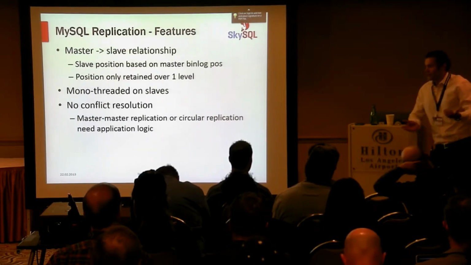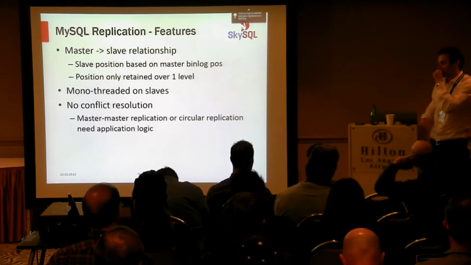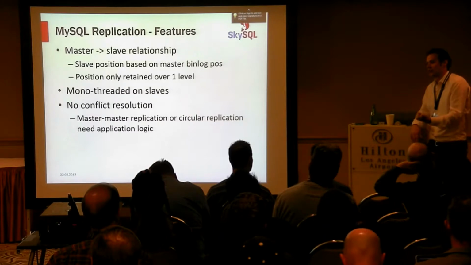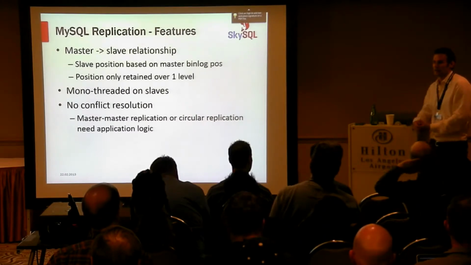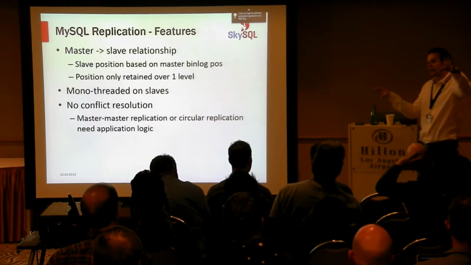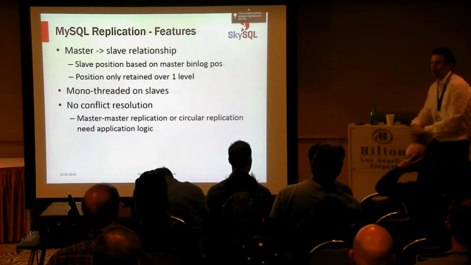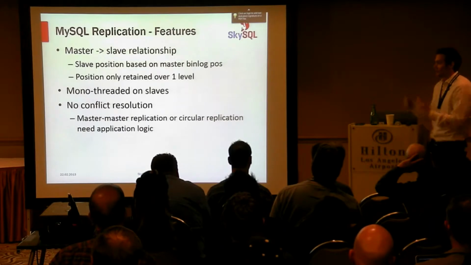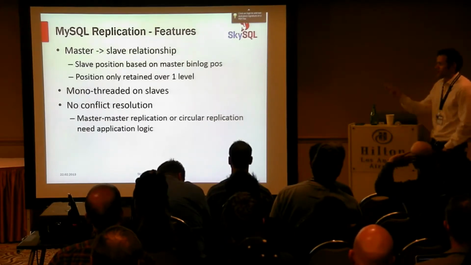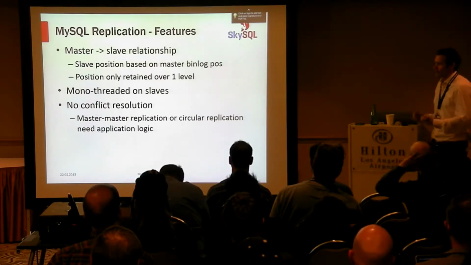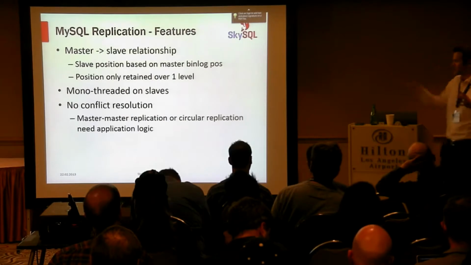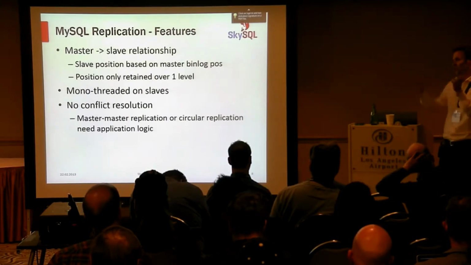Here you can easily have replication between the different data centers, because a user can only be logged in from one location at one time, so there cannot be any conflict. You cannot log in from Europe and North America at the same time, because it's not allowed. So the application makes sure that there is no conflict, and in this case you can do this. But note that there's also no multi-source, so one slave can only have one master. So if you do multiple data centers, it has to be a circle. It can't be directly across.